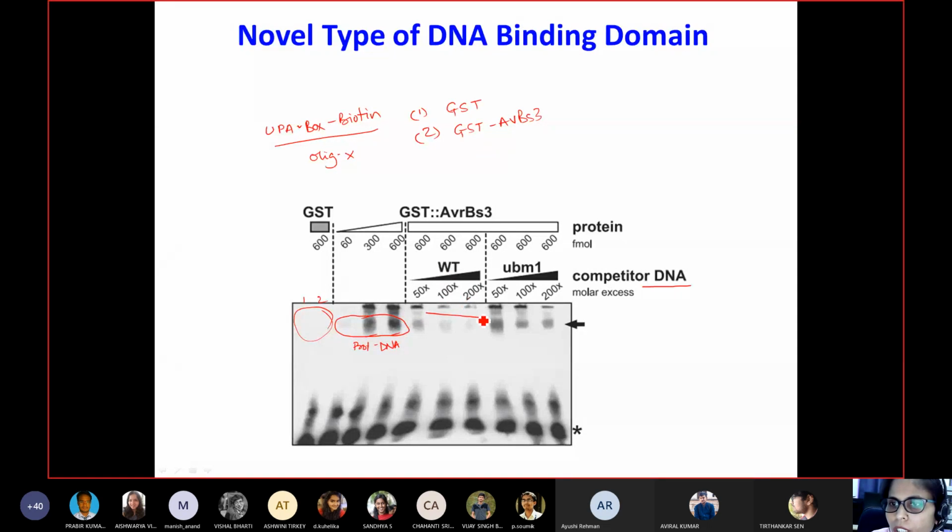Similarly, when this oligonucleotide is mutated in between, that means certain UBM sequences were mutated, you have less competition compared to the wild type oligonucleotide. With this kind of assay, they were able to say that this AvrBs3 effector protein is able to bind the UPA box.